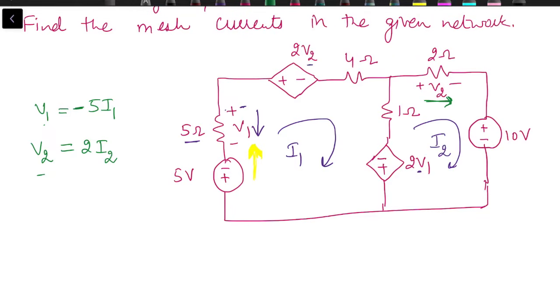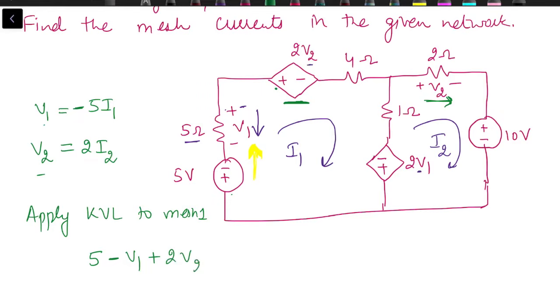So once we have the equation of two controlling quantities, next step is we have to apply KVL. Let's apply KVL to mesh 1. For mesh 1, I will start with the 5 volt source. Positive sign is coming first, plus 5. Then we have voltage drop V1. Negative sign is coming first, so minus V1. Then we have voltage drop, it is a drop because we are moving from positive to negative, plus 2V2.